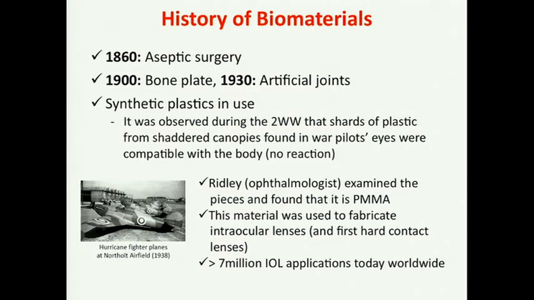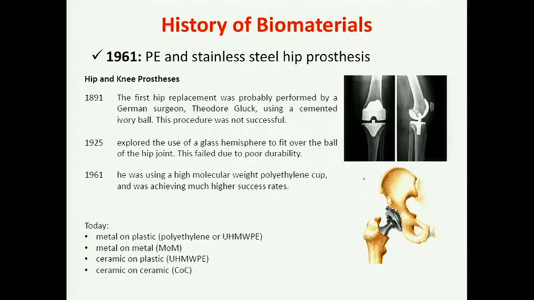The first applications of biomaterials started when an ophthalmologist realized that pieces of plane shreds were in the eyes of the pilots, and they were not causing any adverse reactions in the eye. This was PMMA, so they thought that maybe we can go ahead and use these plastics in the body so that we can help people do better regeneration.